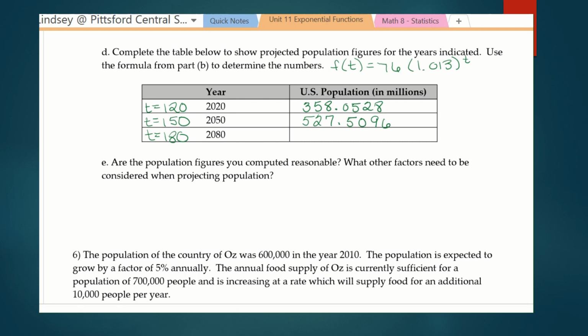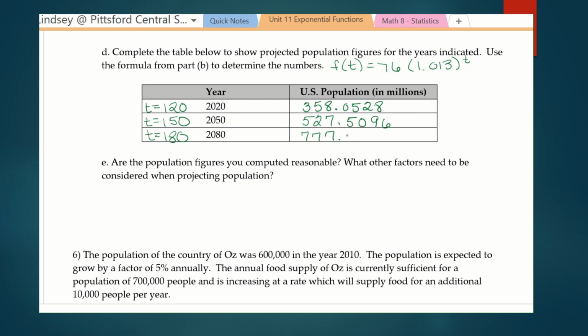All right, and then last but not least, looking at 180, plugging that into my calculator, 76 times (1.013) raised to the power of 180, we get 777. Oh, this one's kind of interesting.